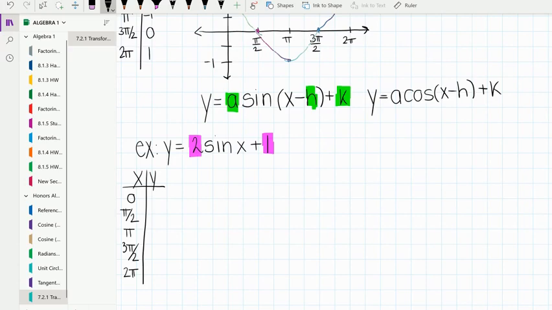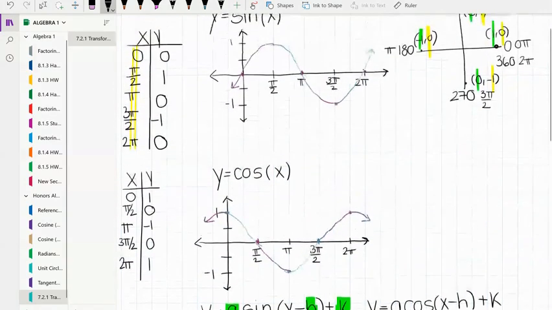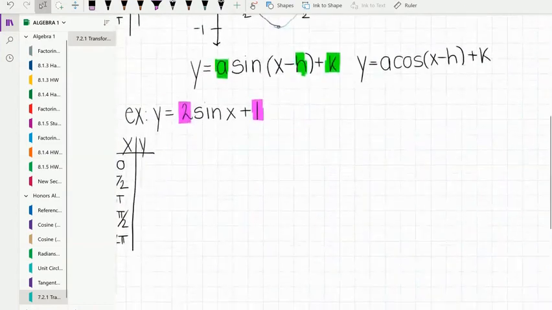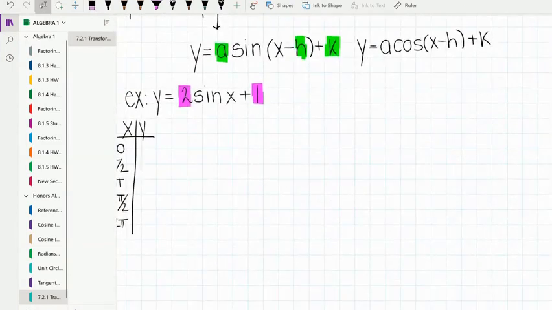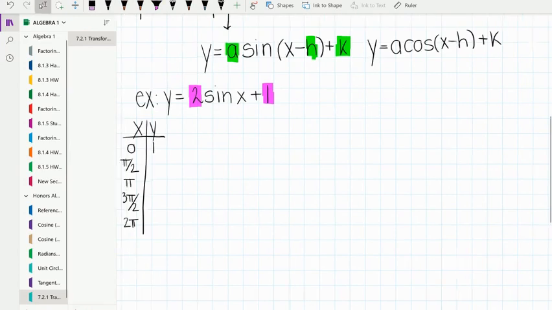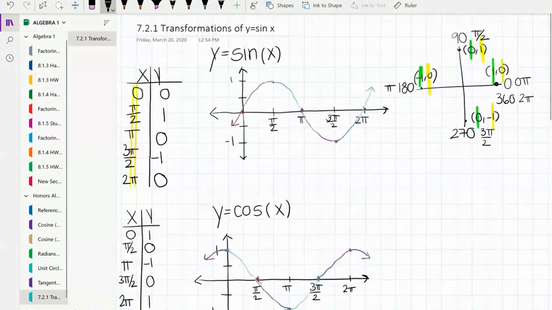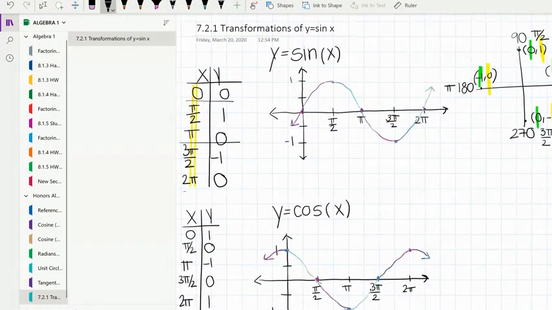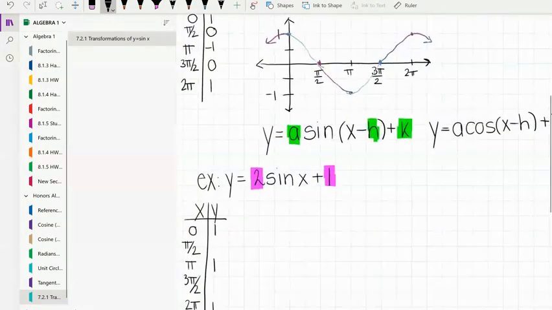So when we look at 0, the y value is 0. So I take 0, I multiply by 2, which is 0, and I add 1. The nice thing is I know that pi and 2 pi will be exactly the same, because if we look back at the original, this one's the same, this one, and this one. So those y values will all stay the same.